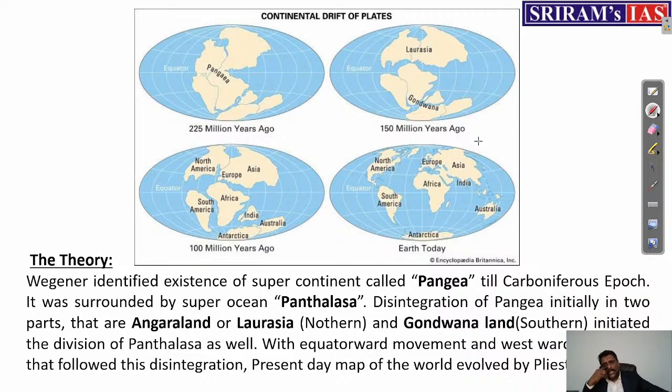See, in a nutshell, if you ask me what exactly this theory is, remember, once the entire world had only one land, Pangaea. And Pangaea was surrounded on all sides by this ocean called Panthalassa, right? Only one land, only one ocean. And initially it got divided into two landmasses.